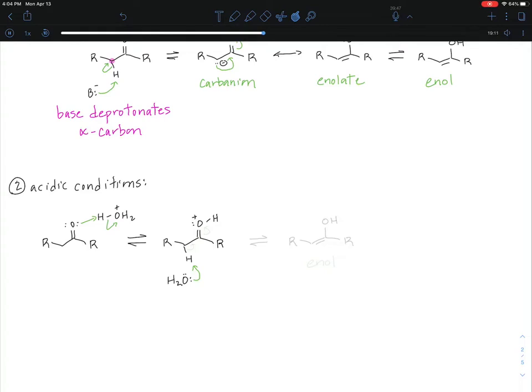And then what is going to happen? This is going to form a double bond and give electrons back to the oxygen to quench the positive charge. And you get your enol. Either way, you get your enol.